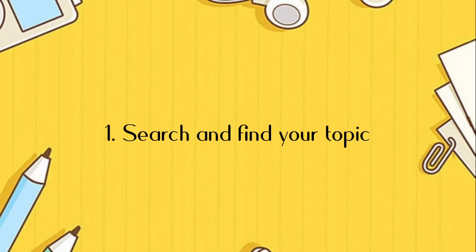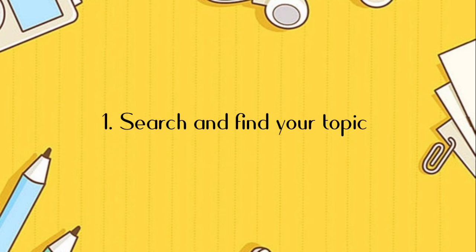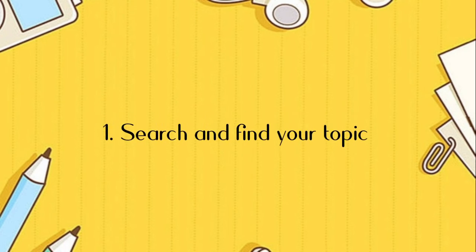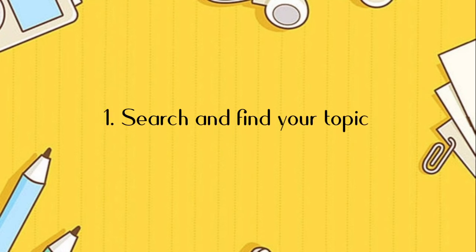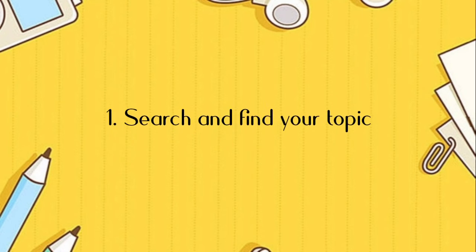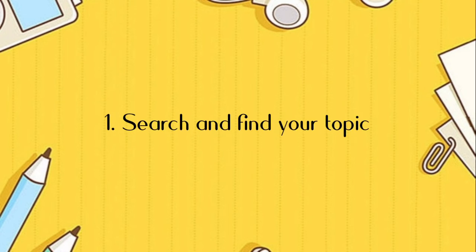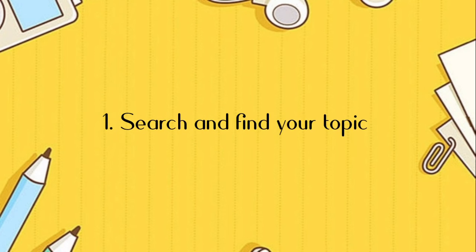You can try to find your topic on the internet, maybe about something that's popular in this era, in this month, the topic that all people gonna talk about, or a topic that's important or interesting to talk about.